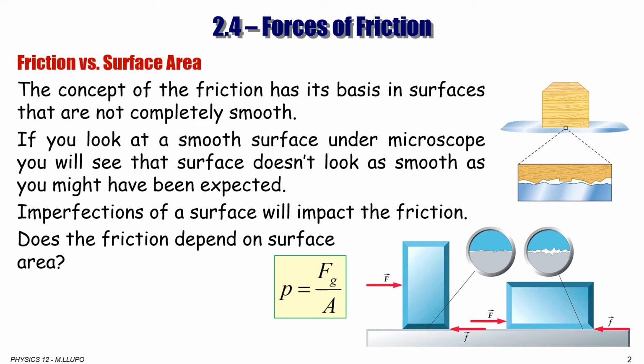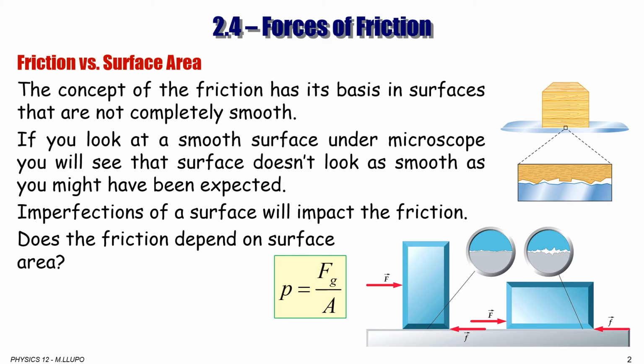On another side, we have a block that is sitting on a wider surface area. It's the same block, same force of gravity, but this time, since the force is pushing on a bigger surface area, the pressure is spread around, so that will make that surface area not as close together as in the previous example.